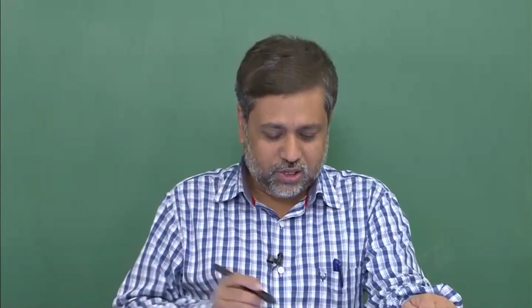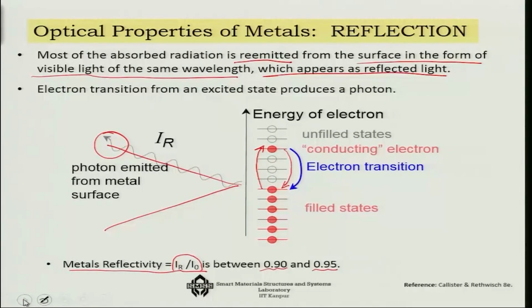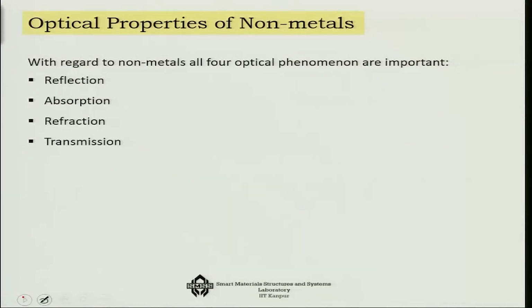But because of this high reflectivity you can see your image very nicely on the metallic surface, because the light wave which gets reflected from your body and goes to the metallic surface will almost 90% to 95% come out, and hence you will be able to see the image.